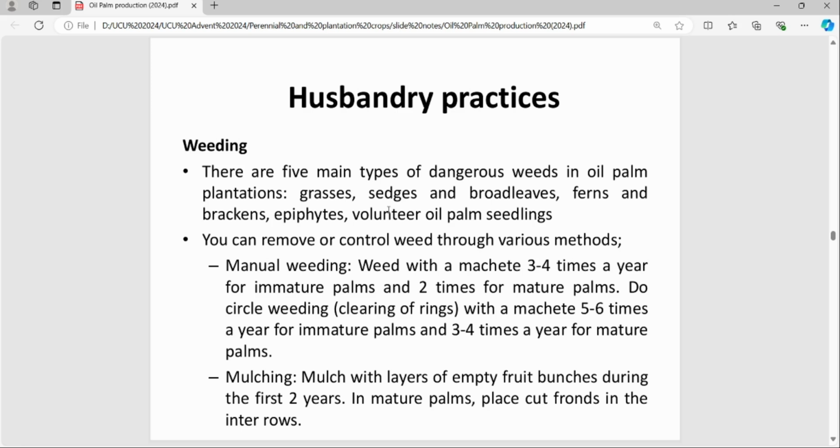But in fully established gardens, you can also do slashing. The most common weeds that are seen in these plantations are grasses, sedges, broadleaf weeds. We have ferns, brackens, epiphytes, and other volunteer oil palm seedlings that were not originally planted.